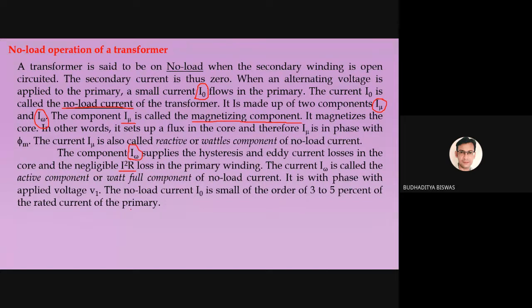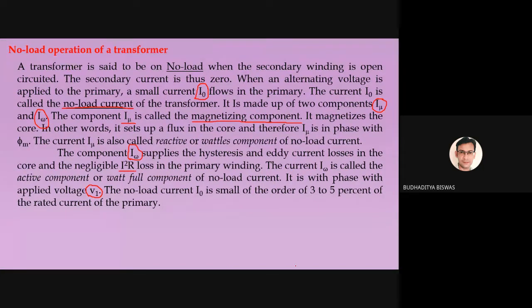In case of resistance, the voltage and current are in phase. And as I mu sets up the flux, I mu is in phase with the flux.